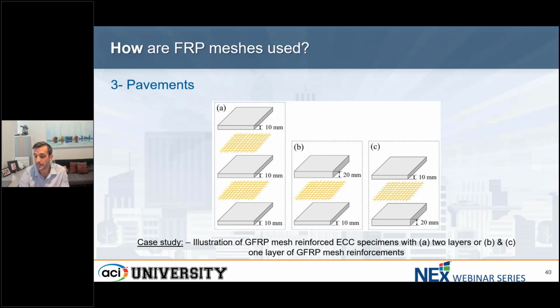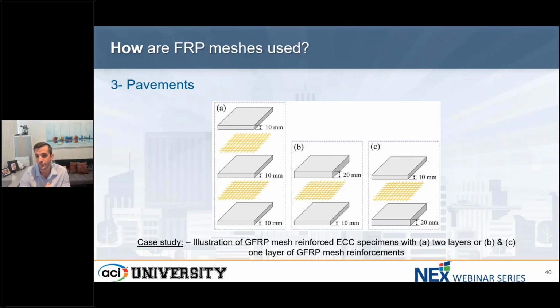An area where we're seeing a lot of research and development, in line with the ability to save the bulk material that we see in pavements, is using FRP meshes in between pavement layers in order to reduce the amount of material that is needed in the overall construction of these pavements.